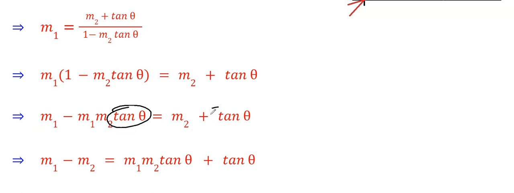Now we see we have tangent of theta in two different places. We need to get them on the same side. So I just added this whole term to both sides, which means it's positive on the right. And at the same time, I subtracted m2 from both sides, so it's negative on the left.